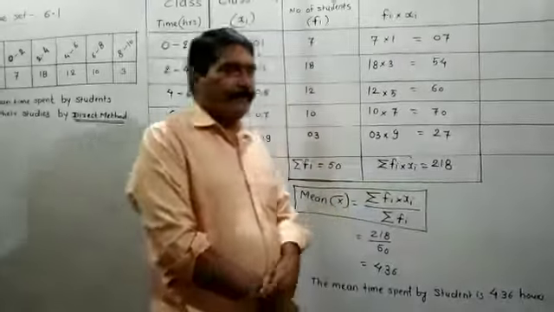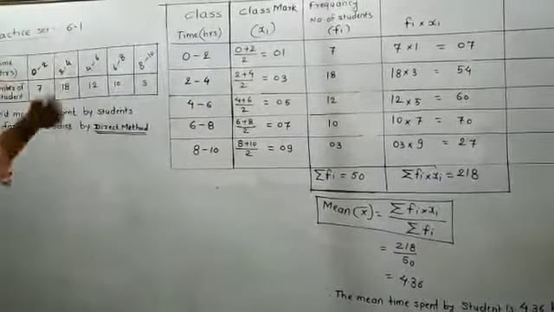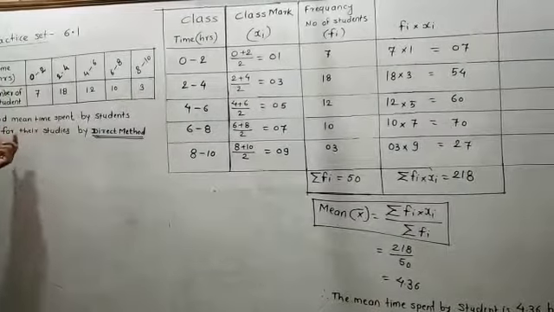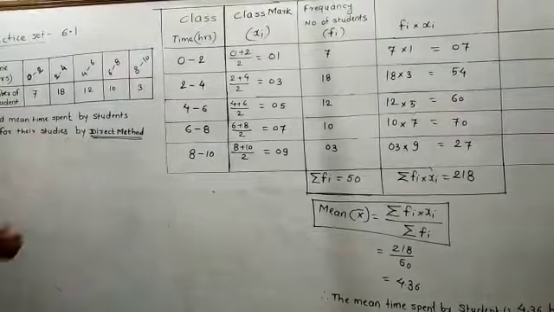You have to start with practice set 6.1. First example: find the mean time spent by the students for their study by the direct method.